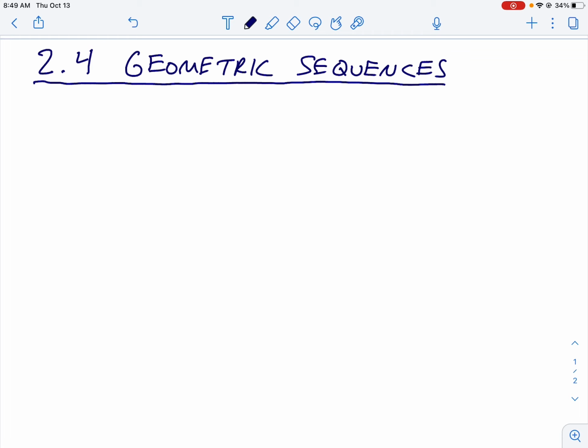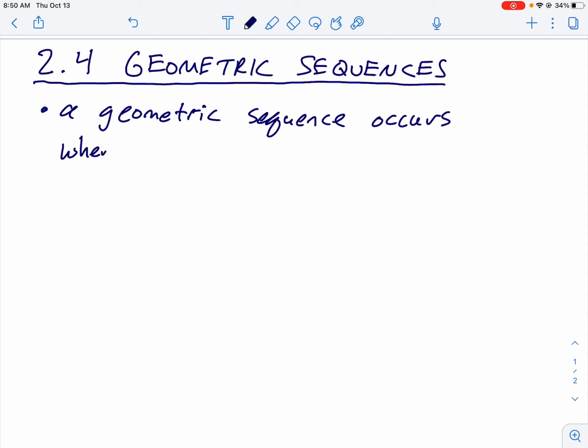But a geometric sequence occurs when each term is multiplied by the same number each time.